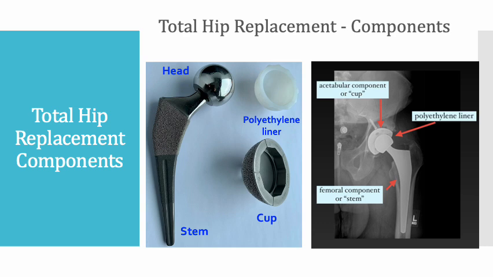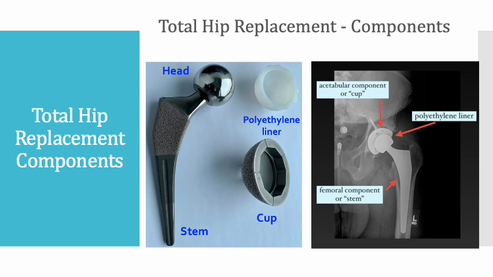The femoral component, or stem, is composed primarily of titanium and has a porous coating exterior. The head of the femur, or the ball prosthesis attached to the top of the stem, is comprised of cobalt chrome or ceramic. The acetabular component, or the cup, is primarily titanium with a porous coated exterior.